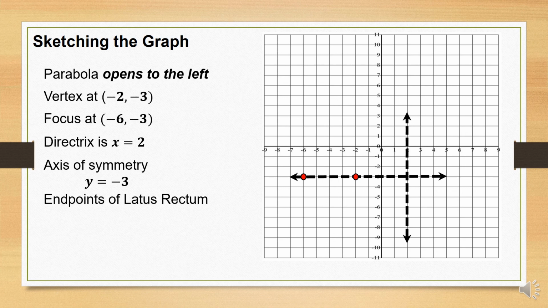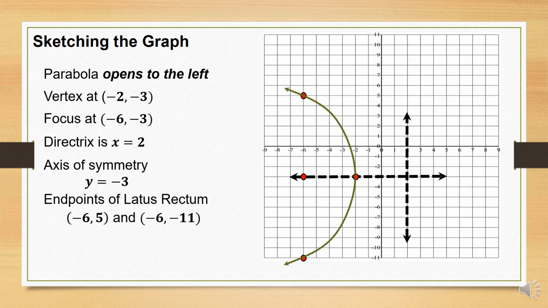Then we have the endpoints of latus rectum. We will start with -6, 5. So -6 and +5. The other endpoint, we have -6 and -11. Then we will now connect one of the endpoints of the latus rectum to the vertex to the other endpoint of the latus rectum.